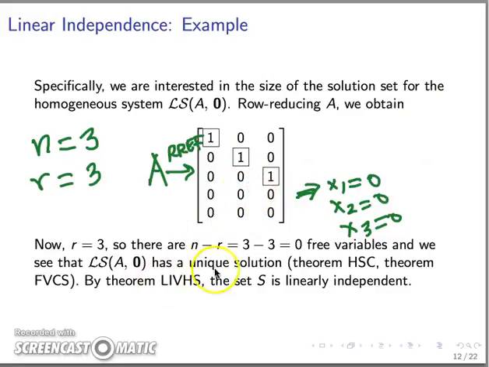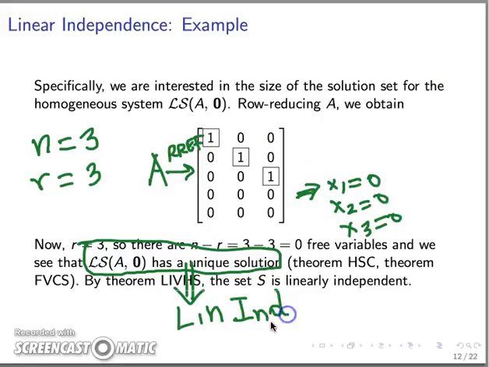But the fact that the only solution of this homogeneous system is the trivial solution is what implies that we have linear independence.